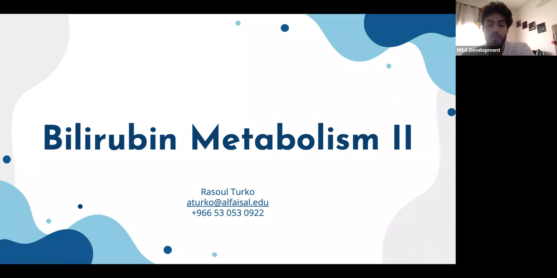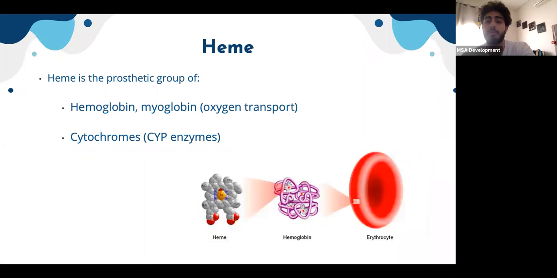Okay, so when we talk about bilirubin, we're talking about, again, heme degradation. We're talking about the breakdown of heme in our body and how we get rid of it. What's important to know is what the heme structure is. The heme structure is present in red blood cells mostly.